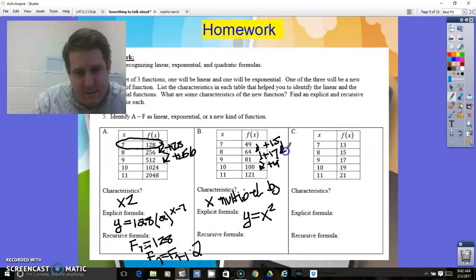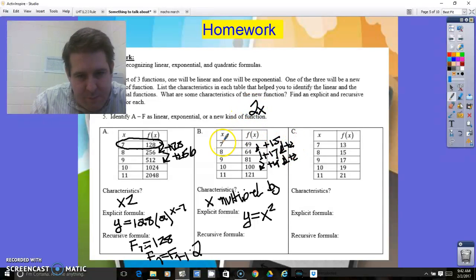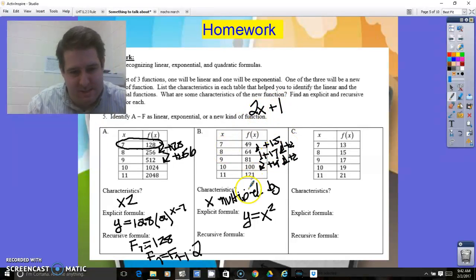So it looks like the second difference is plus 2. So we have 2 times x, 14, plus 1 would be 15. So it looks like it's 2x plus 1. And that works for all of them. 2 times 8 would be 16 plus 1 is 17. So it's simply the previous number, f sub n minus 1, plus 2x plus 1.